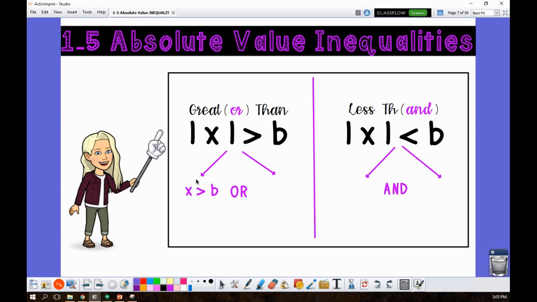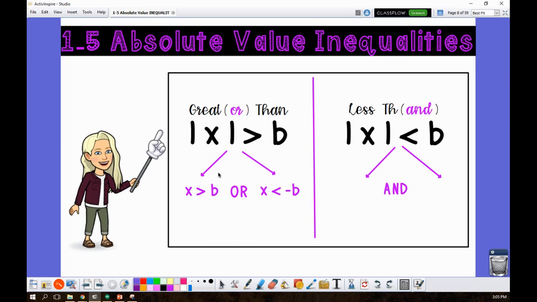What we're going to do for the greater than is, because we have greater than, we're going to carry that greater than symbol down. And now I have x is greater than my positive b. On the other side of my or, I'm going to have x, and this is what gets tricky. I do have the negative b on the other side, but I also flip the sign. So when we are doing equals, we would have an equals here and an equals here.